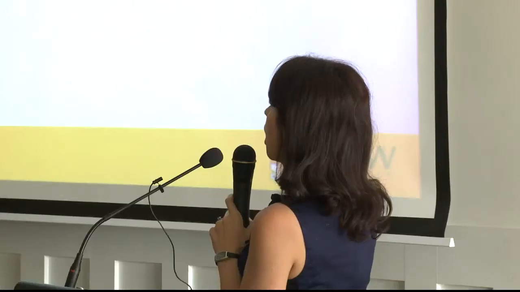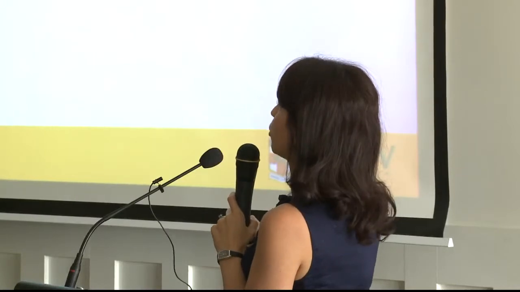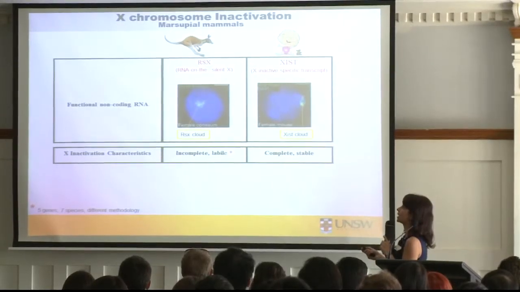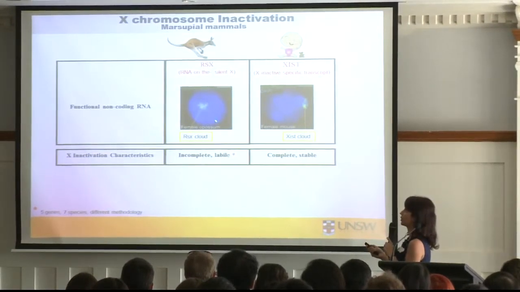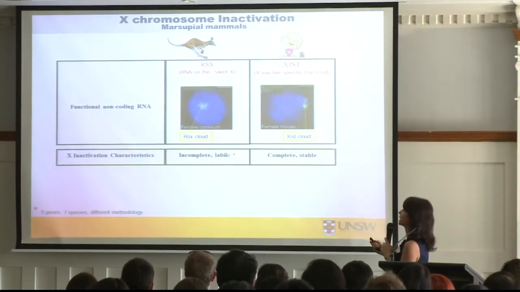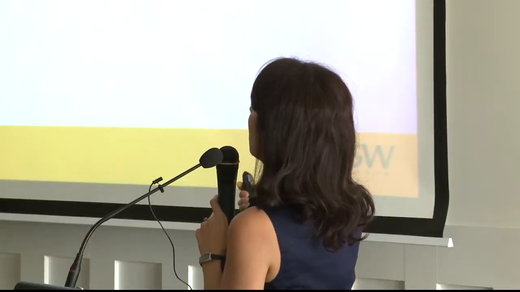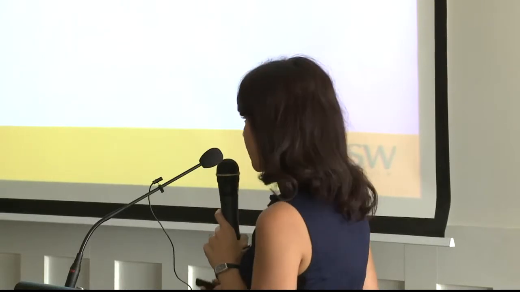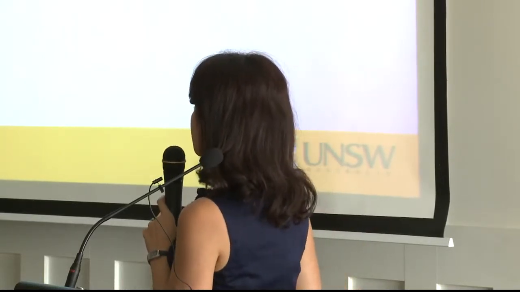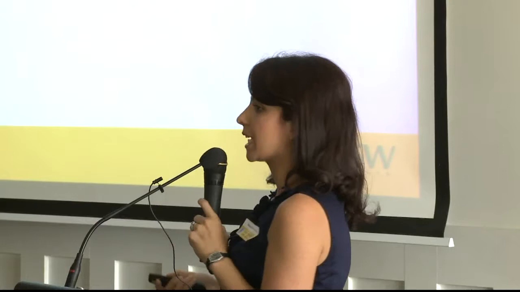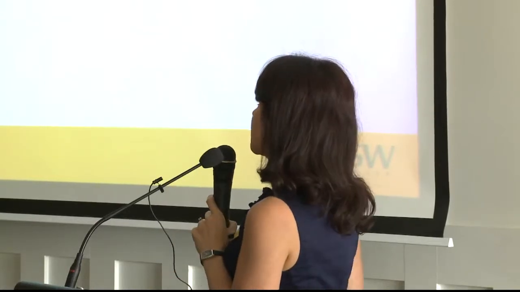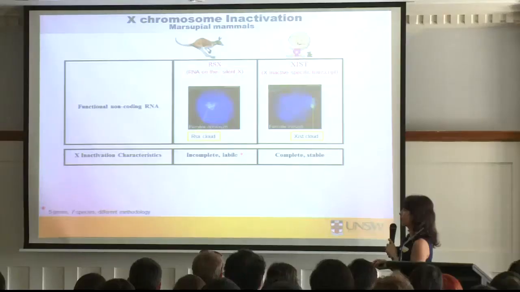Similarly to XIST, RSX creates a cloud over the X to be inactivated. This is a female opossum nuclei, and here you're looking at the XIST cloud in a mouse female nuclei. What we know from these limited studies is that the X inactivation in marsupials is not as complete or stable as that of the placental mammals.